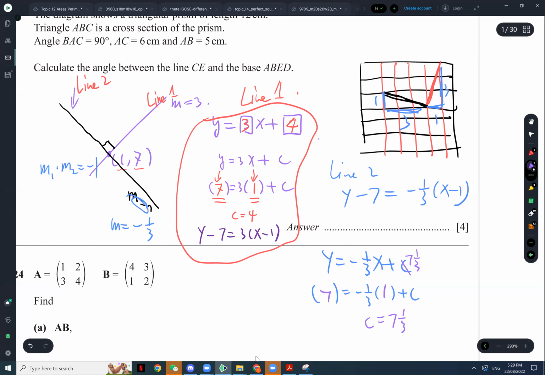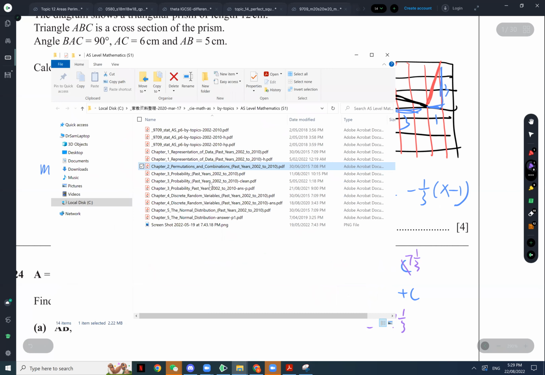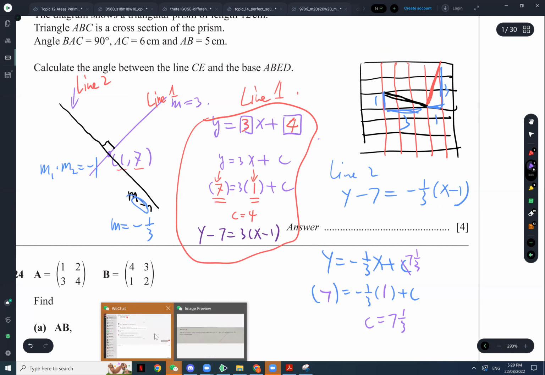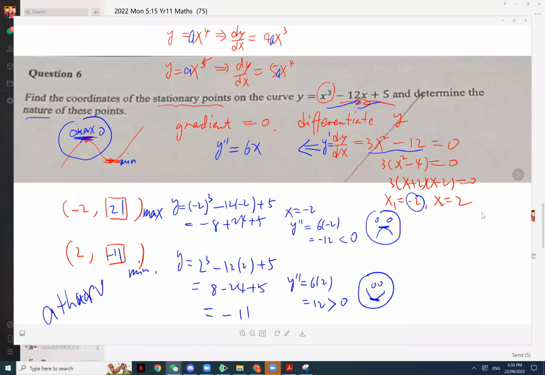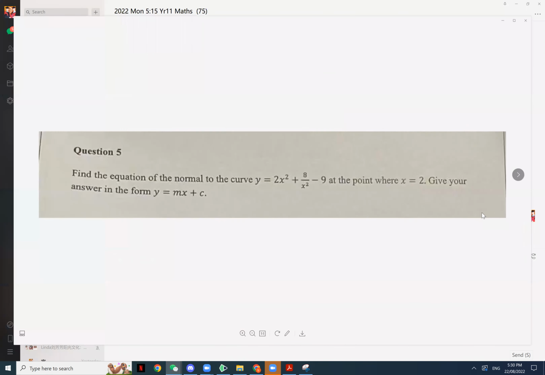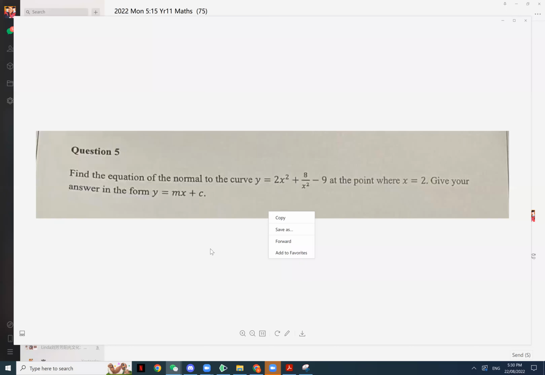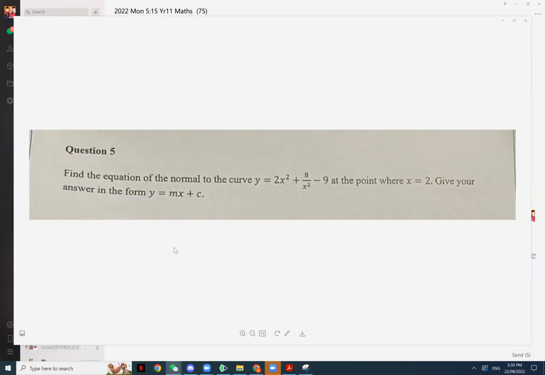Now we can try the other question from a student. Here.